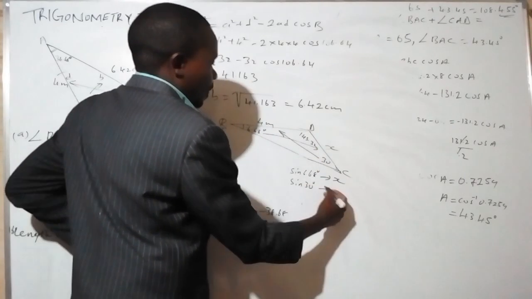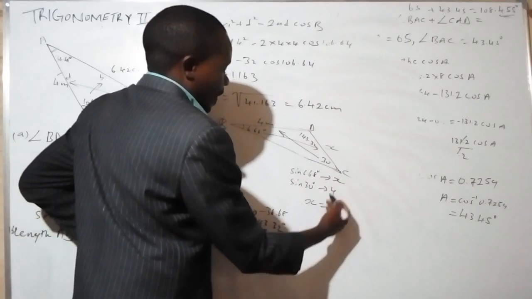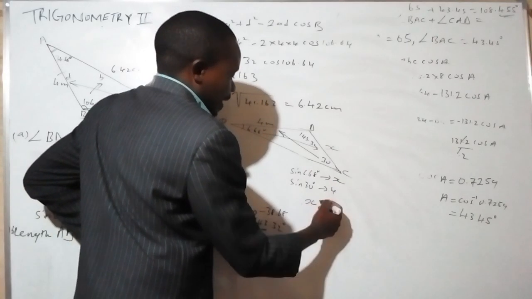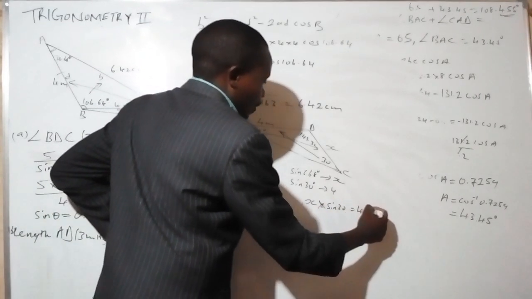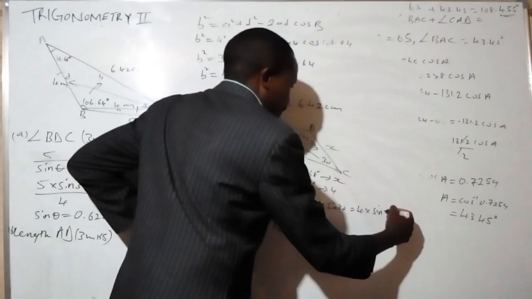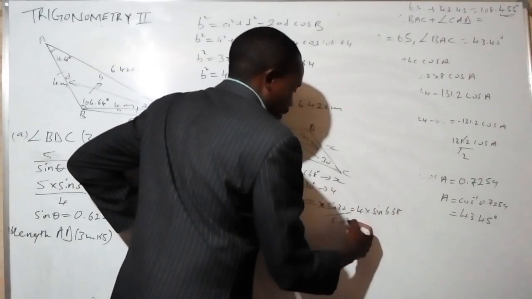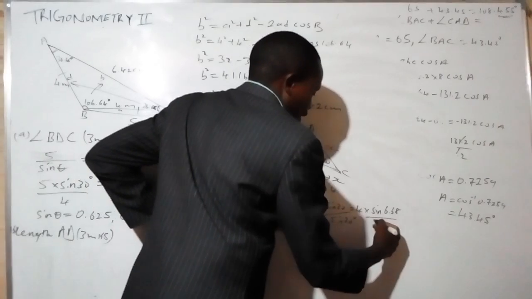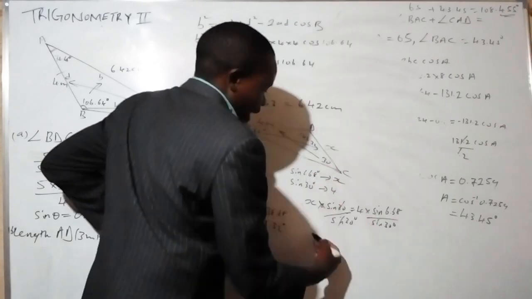Then you cross multiply, so that x times sine 30 is equal to 4 times sine 6.68, divided by sine 30 degrees.